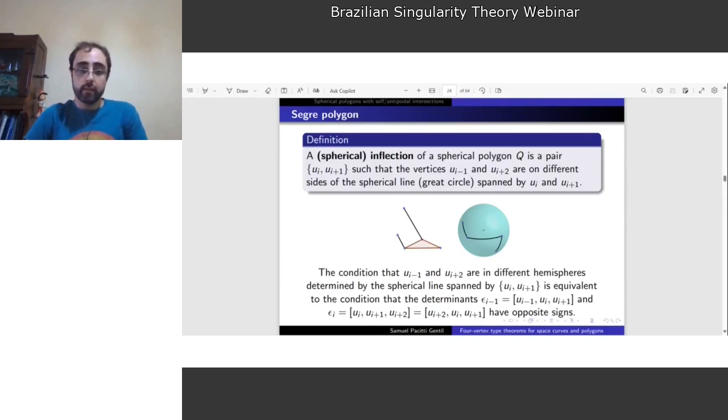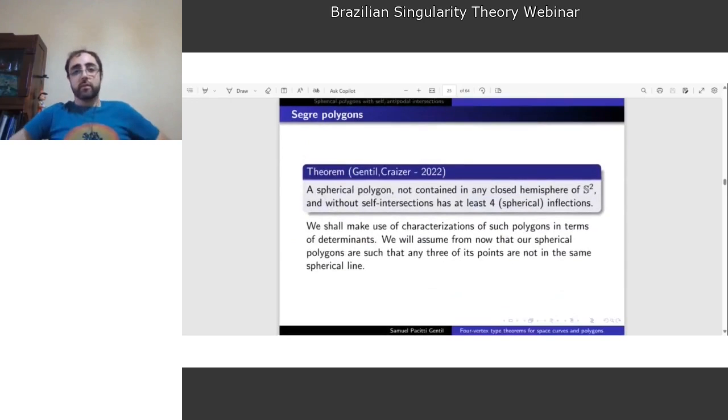And another thing that is important is that the condition that these 2 vertices are in different hemispheres determined by the spherical line spanned by this pair is actually equivalent to the condition that these determinants here have opposite signs. So the most important theorem states that a spherical polygon, which is not contained in any closed hemisphere of the sphere, and without self-intersections, must have at least 4 inflections.